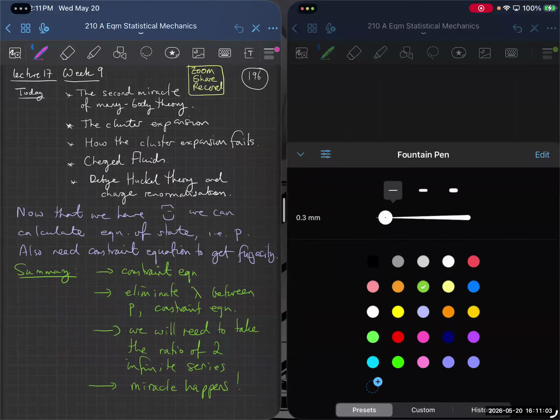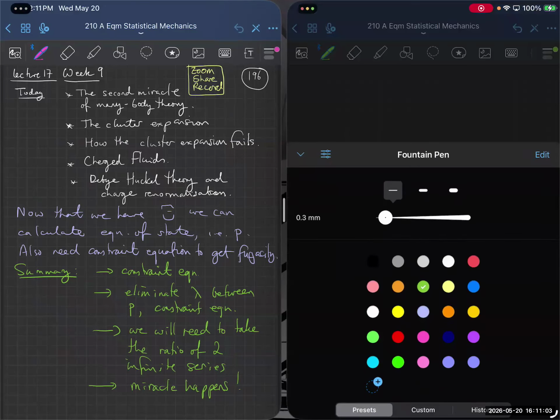I'm going to write down the equation of state. So what we know then is that 1 over v log of chi is, by definition, 1 over the thermal de Broglie wavelength cubed, and then the sum over clusters of B_L lambda to the L. So that's the equation that I derived last time, taking the log of it.